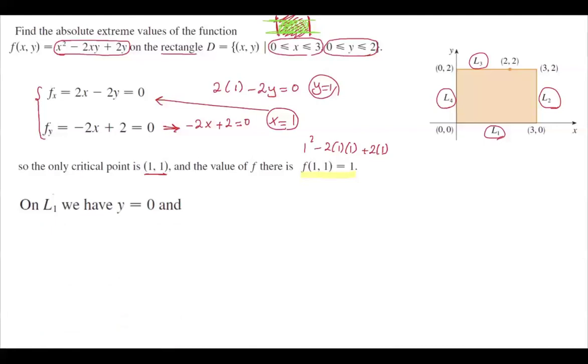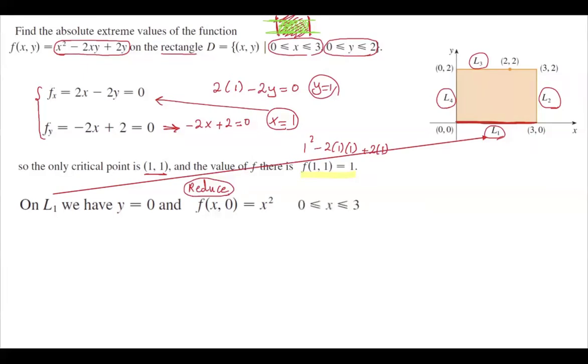On L1, your y is equal to 0. So this is L1. As you can see, the y value, basic algebra, is equal to 0. So you can reduce the two variable function to a one variable function. f of x and 0 is x squared.